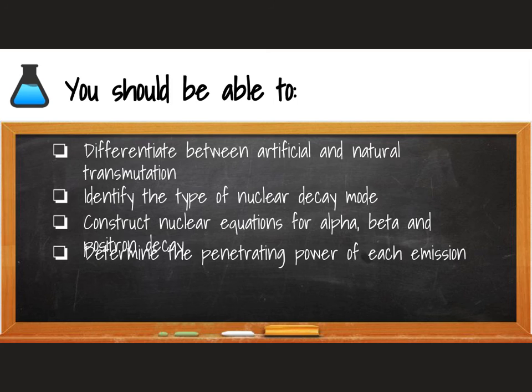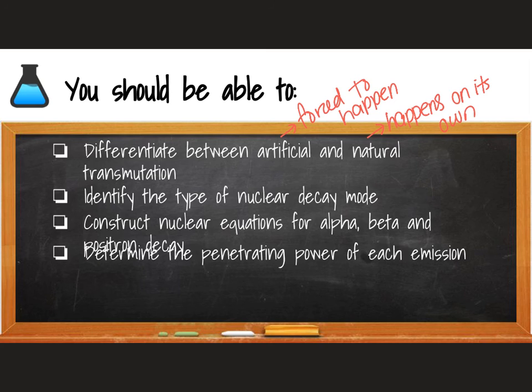Okay, natural transmutation happens on its own. Just to recap, artificial transmutation must be forced to happen. We're actually going to take a look at this more in the next lesson. You really just need to know natural. Everything that we have looked at today has been natural.